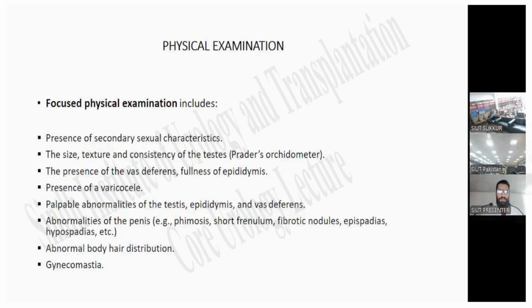And general physical examination can reveal abnormal body hair distribution and gynecomastia.